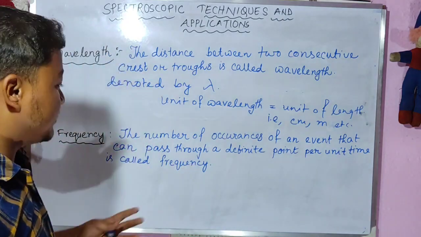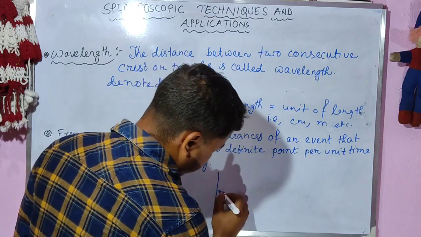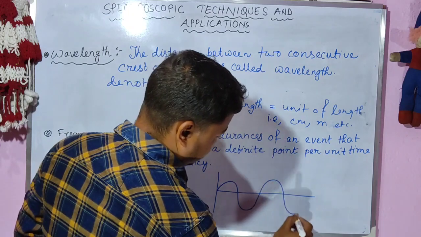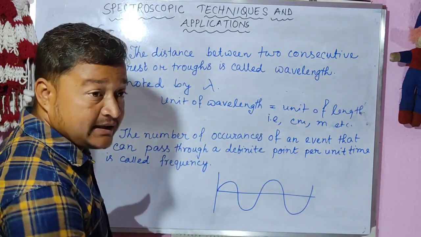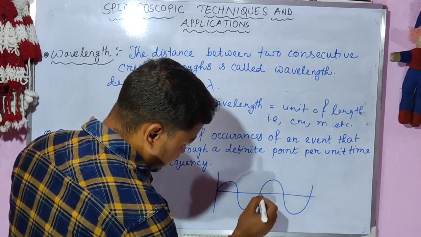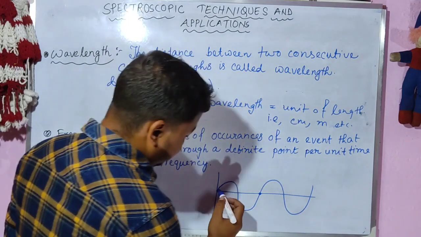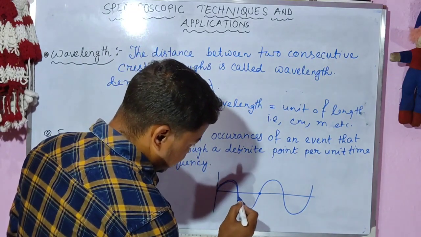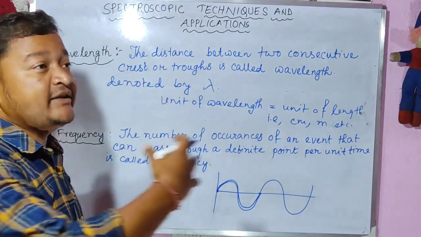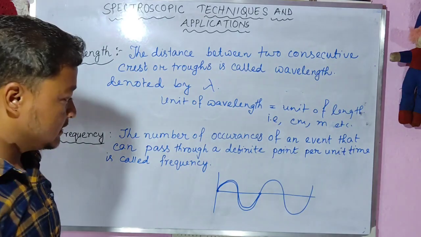That is the frequency. Here a complete event is from here to here. So this complete event in unit time, how many times does it repeat? That is the frequency.